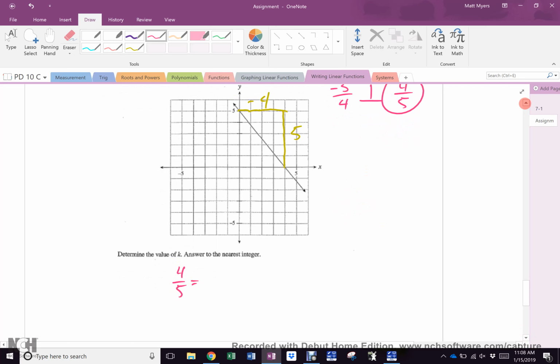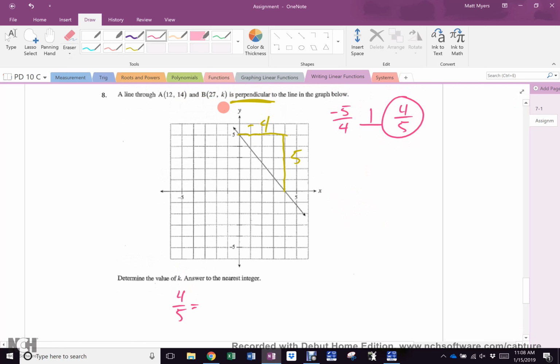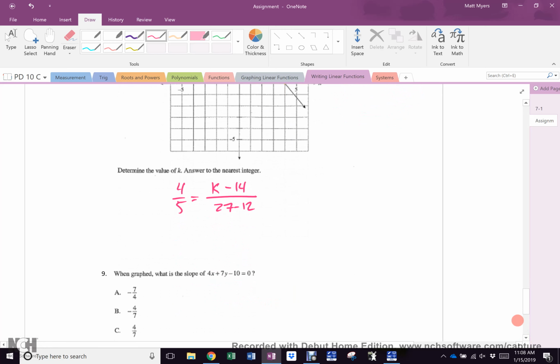4/5 equals, there's my slope, (k minus 14) over (27 minus 12), which is 4 over 5 equals (k minus 14) over 15.